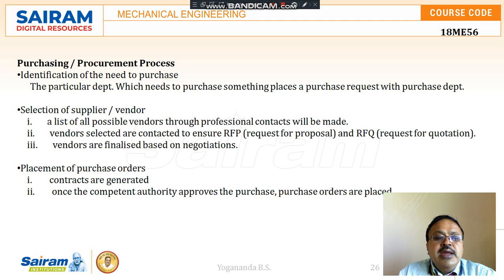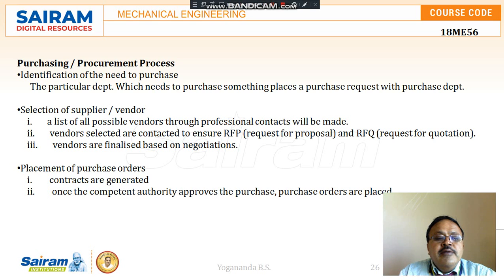First, we will make the list of all the possible vendors through the professional contacts. So that will be made. Once the list is done, the vendors who are selected will be contacted to ensure for RFP and RFQ. That is request for proposal and request for quotation.